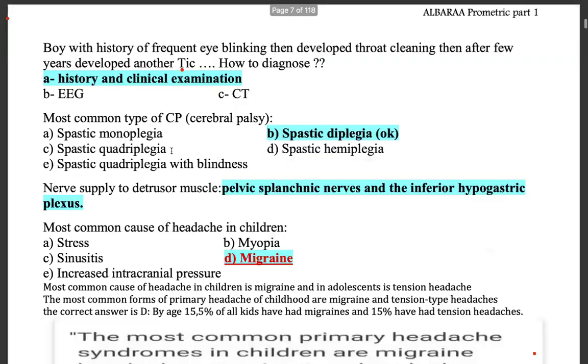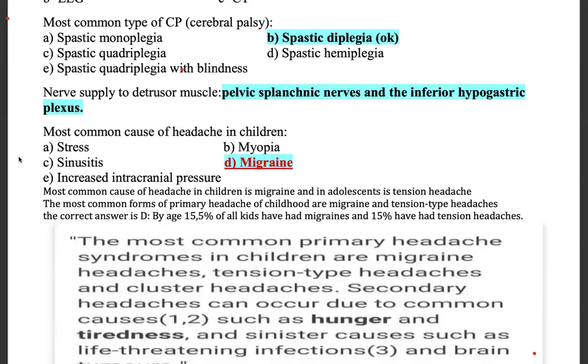So the next question: most common cause of headache in children. Is it stress? I'm reading the options: stress, sinusitis, increased intracranial pressure, myopia, and migraine. They have marked migraine. So let's read about headaches in children.